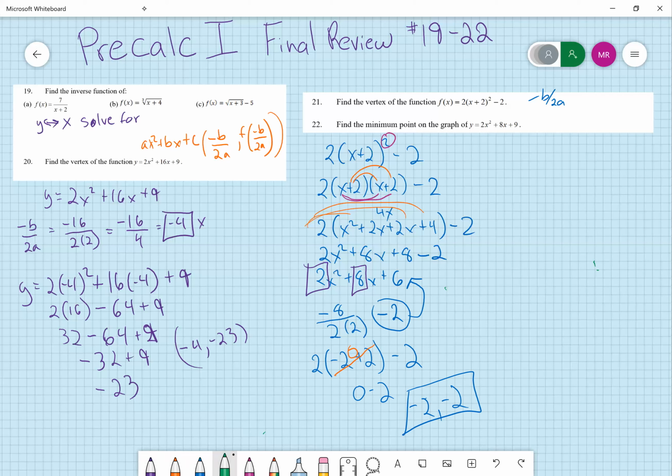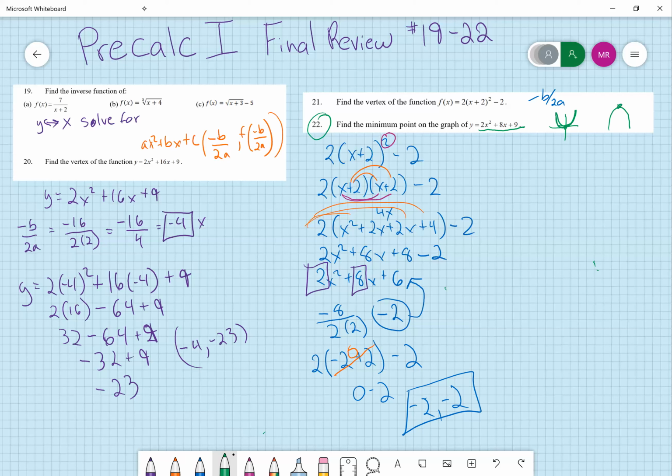So the next one that we're going to do is find the minimum point. How do we know the minimum point? If we use our knowledge of patterns, or behavior, that's the word, we know that this is an x squared and it's positive, so it's going to follow this parent function. The minimum point is the vertex. If it were a negative x squared, the vertex would be the maximum point.